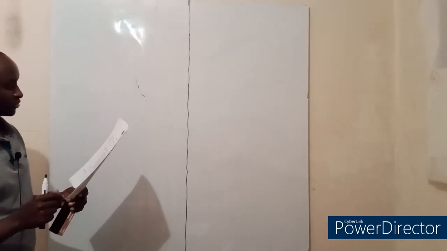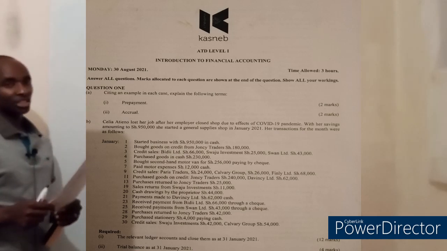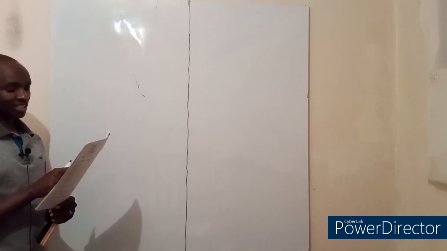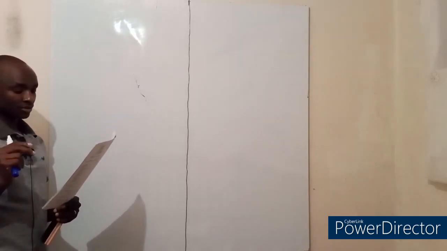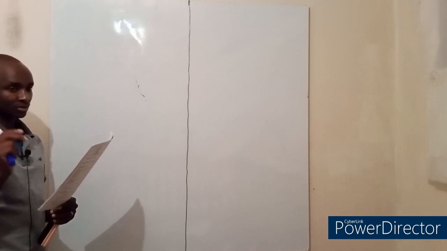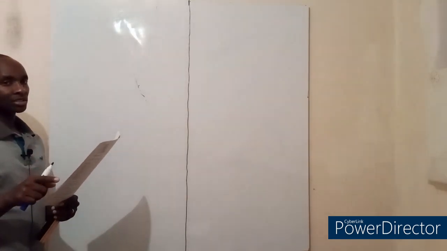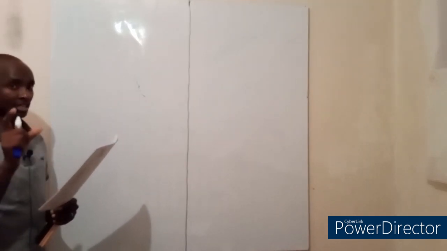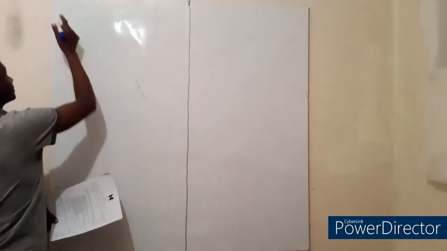So let's move on to January 1st. Started business with 950,000 shillings in cash. From that transaction, you must identify two accounts that you are going to open to satisfy the double entry rule of accounting. So started a business means that's a capital account, isn't it? Yes, starting a business, that is a capital. So you open a capital account.